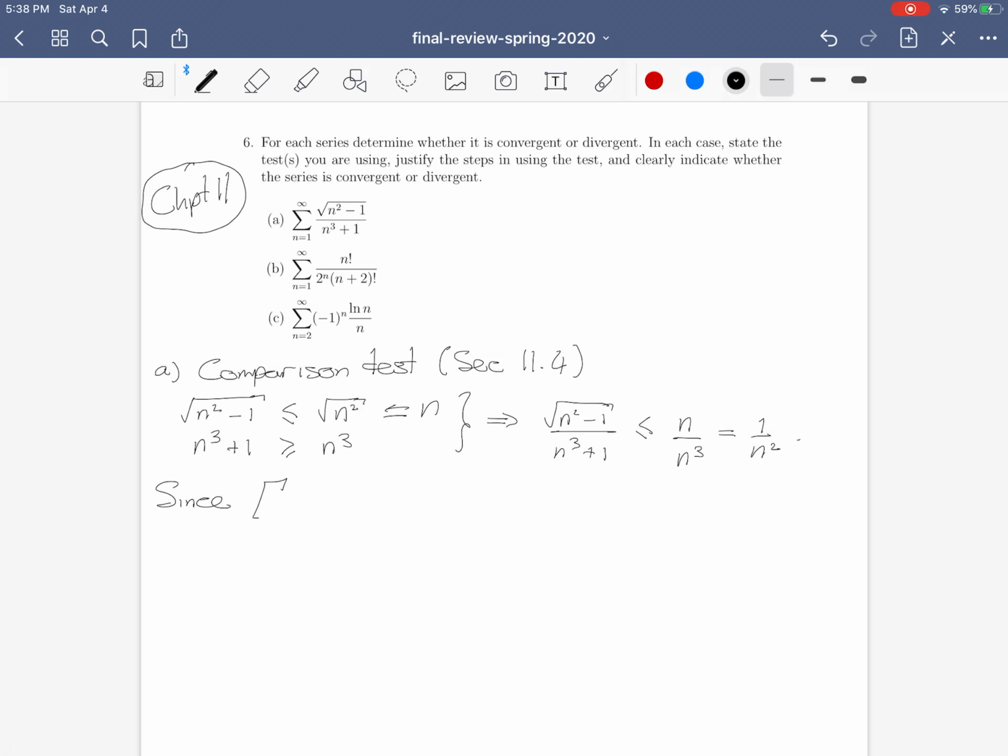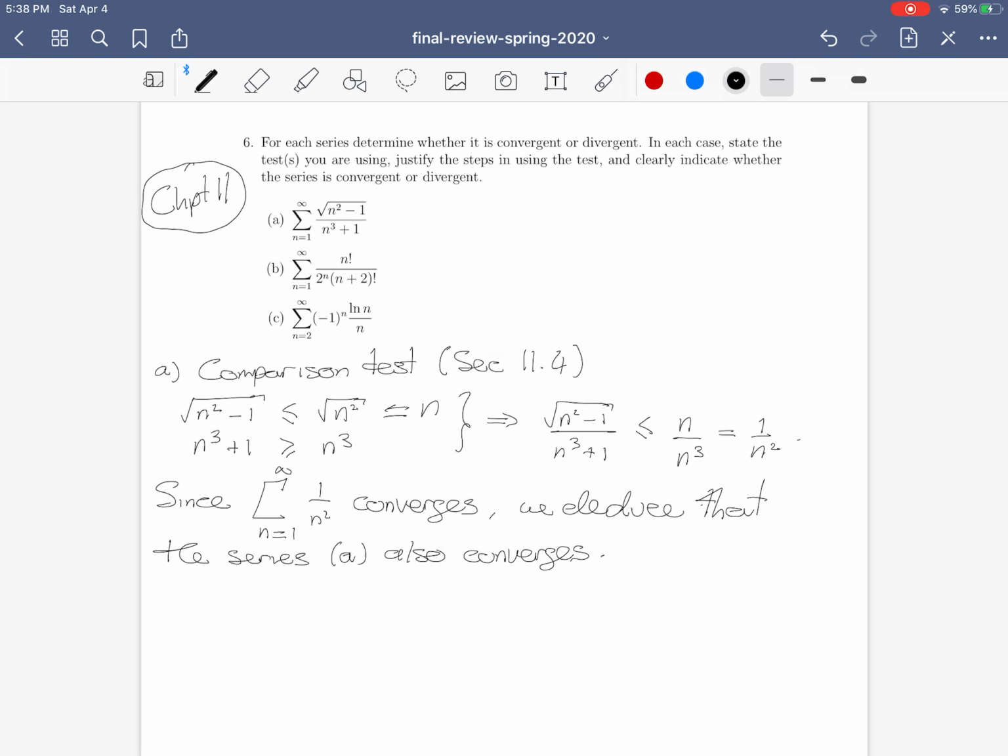But I know that the sum from n equals 1 to infinity of 1 over n squared converges. Therefore, by the comparison test, we deduce that the series we're interested in also converges.